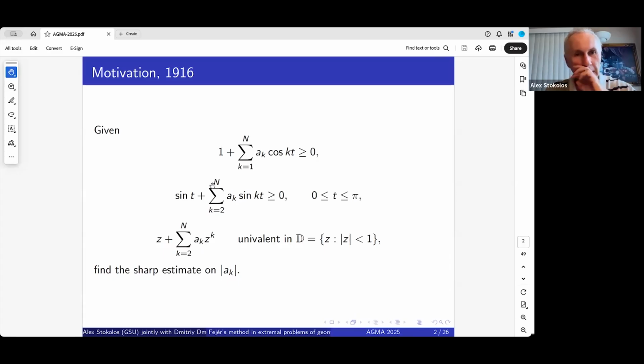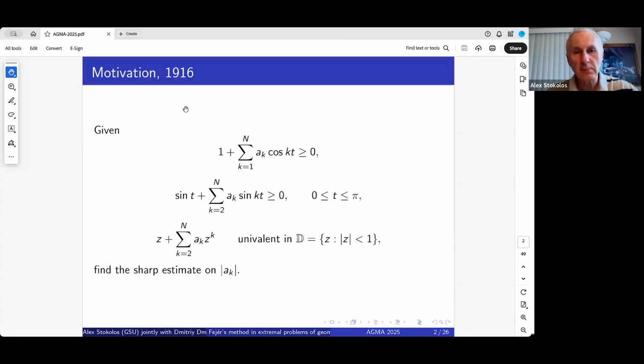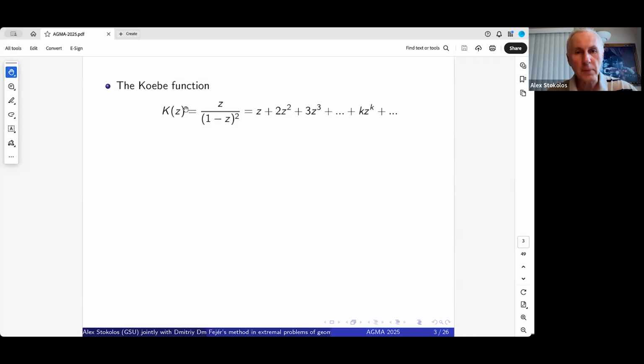But why 1916? Let me give you an idea. In that year, two papers appeared, one by Ludwig Bieberbach, one by Leopold Fejér. A few words about the reason and motivation for the problems.